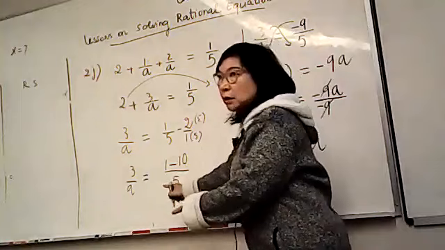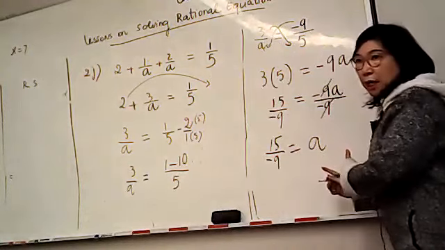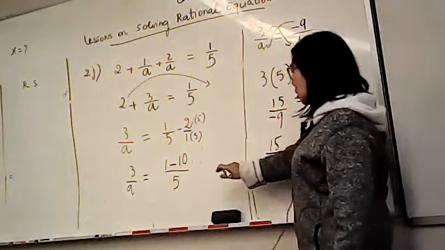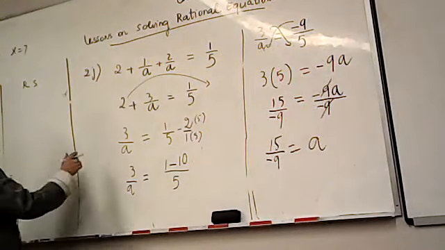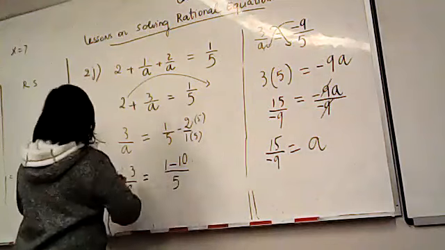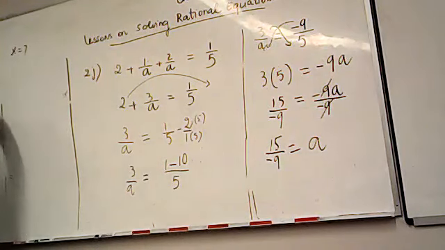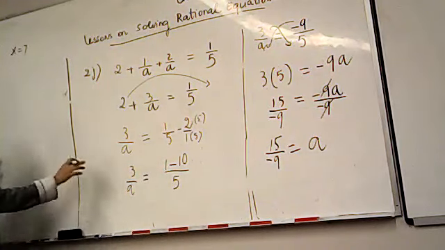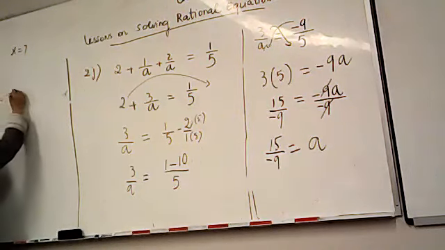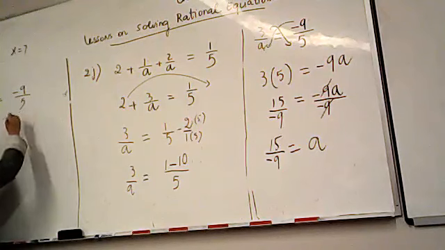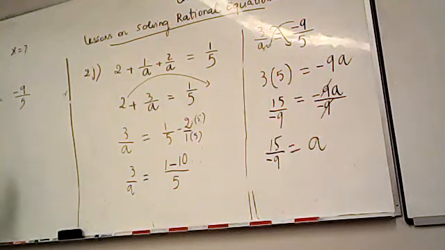Now let's do common denominator, to see if we get the same answer, right? So I'm going to simplify the fraction a little bit and do common denominator. Okay? So let's do common denominator. So what do I have? 3 over 8a equals minus 9 over 5a. Common denominator, student.